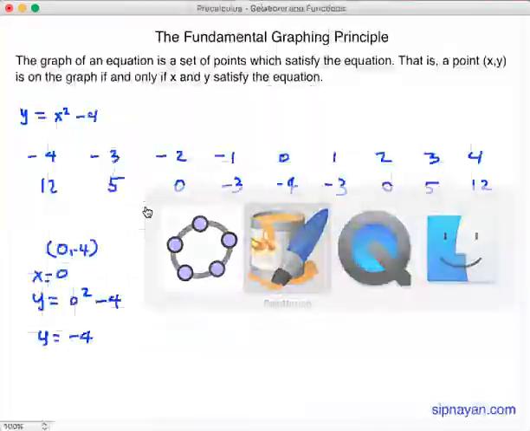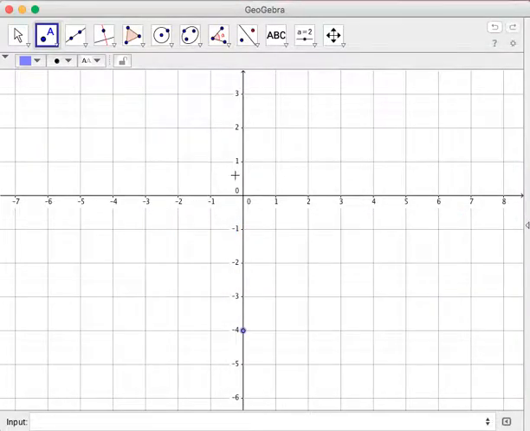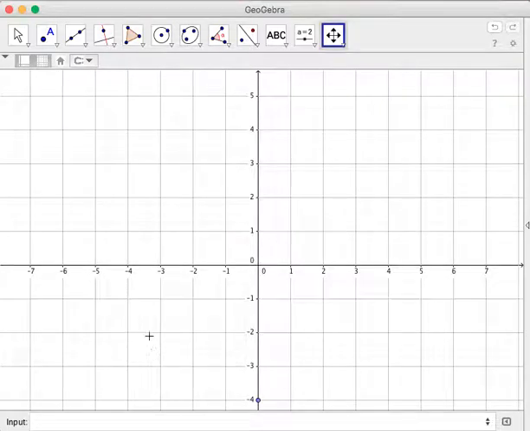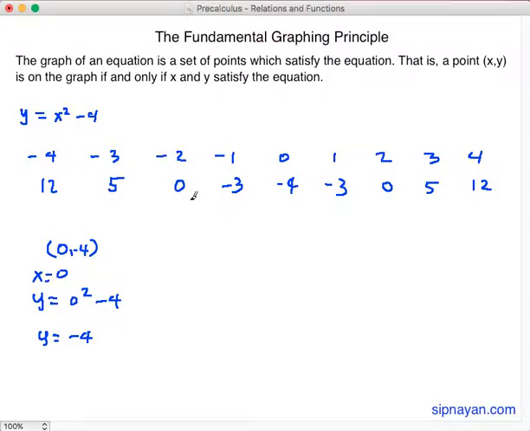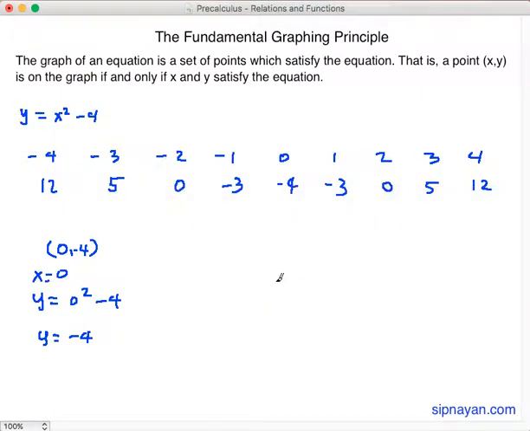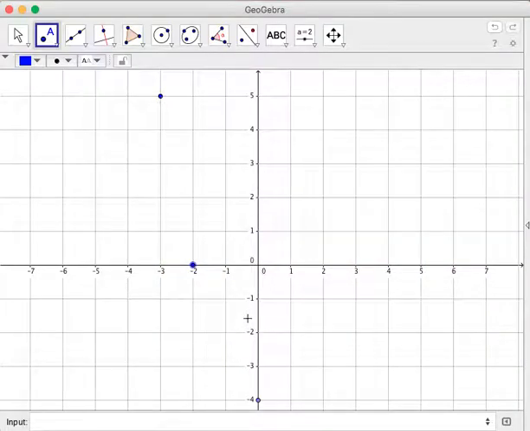Negative 3, and then 5 up. Tapos (negative 2, 0). And then we have (negative 1, negative 3).